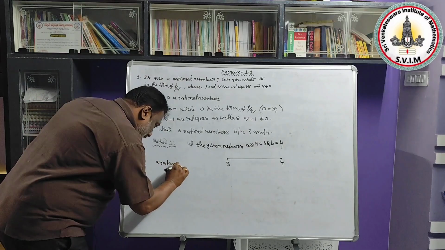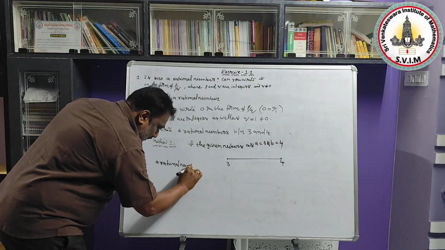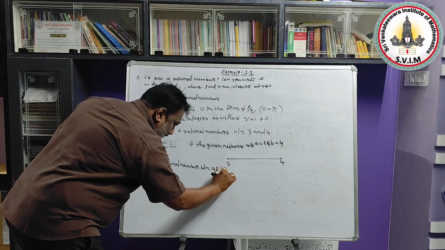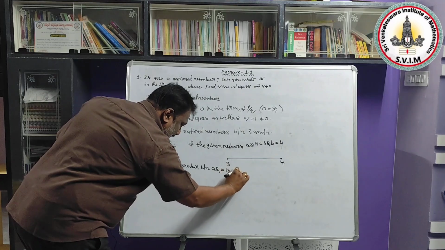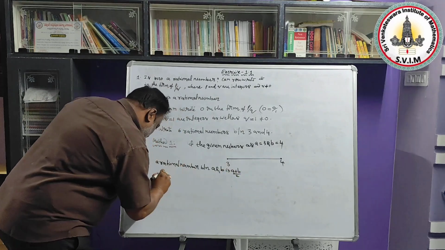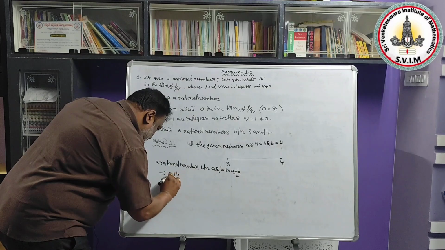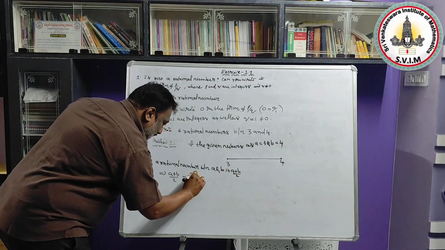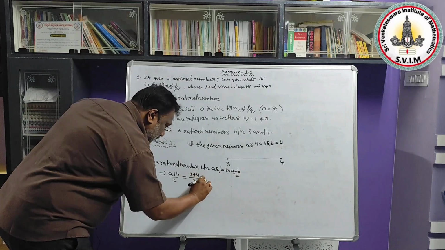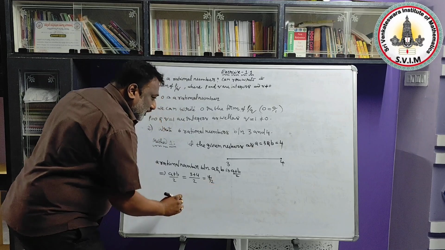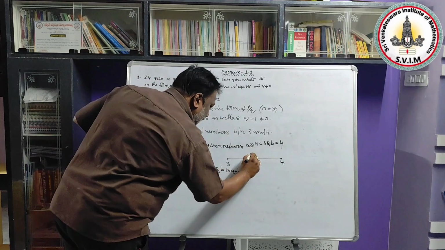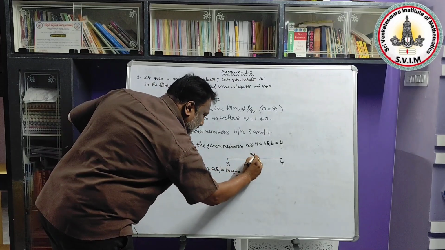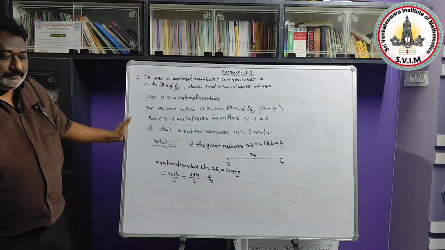A rational number between A and B is (A plus B) by 2. Now (A plus B) by 2 we need to calculate. A means 3 and B means 4. (A plus B) by 2 is equal to 7 by 2. This is one rational number between 3 and 4.